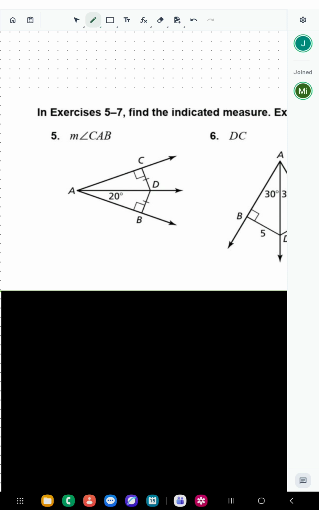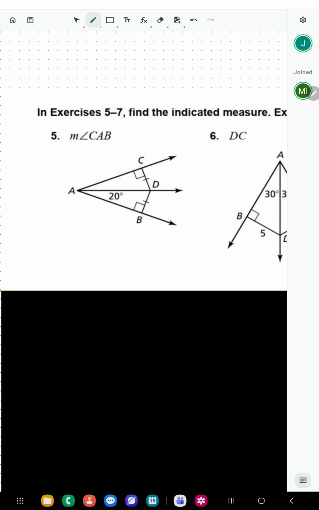Okay, number 5. The measure of CAB. So what is this? Angle bisector. So this is the converse of the angle bisector theorem, because we're given here that DC is perpendicular to AC and DB is perpendicular to AB, and DC is congruent to DB.